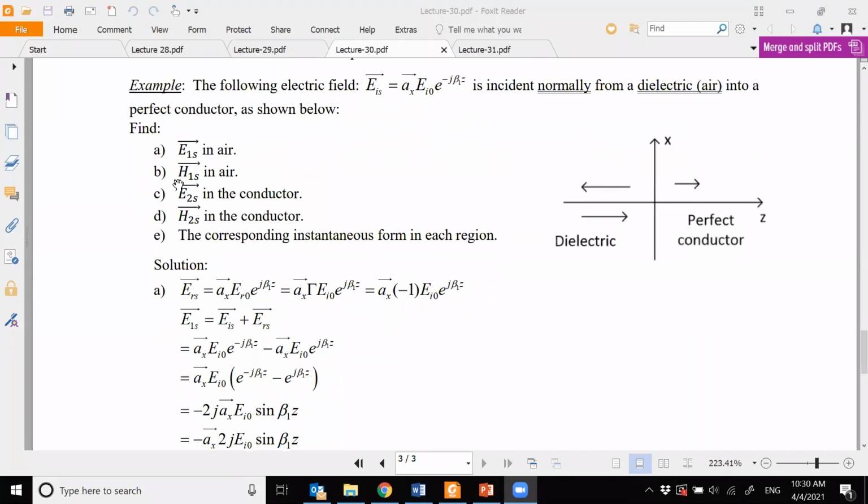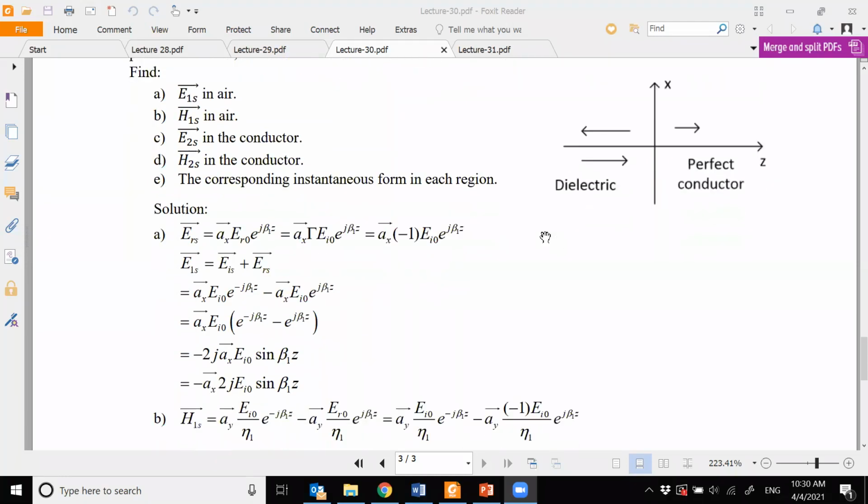So now, E1s, that means my total electric field in air, total magnetic field in air, and total electric field and magnetic field in the conductor, this is what we need to find. So let's start. This is my incident field. My reflected field will be ax ER0 e^(+j beta 1 z). ER0 is the reflected field amplitude.